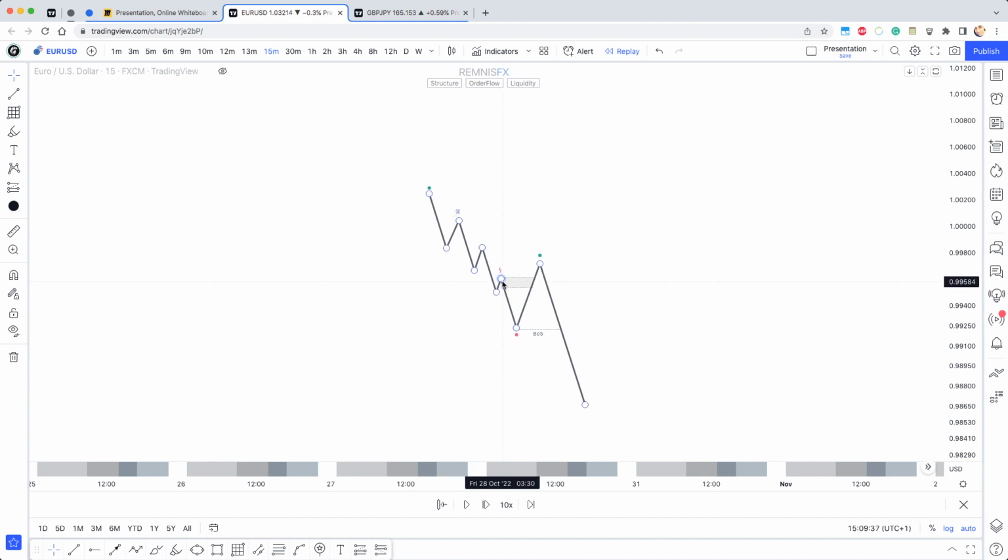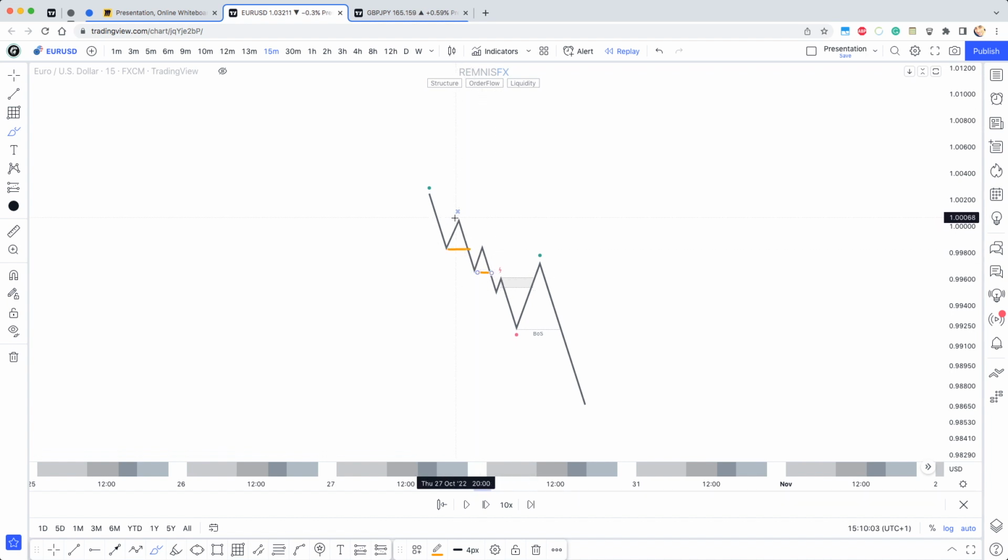Your first pullback here is your inducement, and your extreme pullback here is your engineered liquidity. And as soon as this is taken out and price moves to the downside and closes below this, then this validates your break of structure. So these right here are not break of structures, okay?